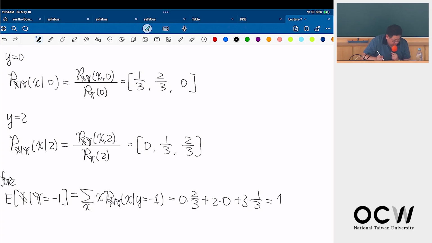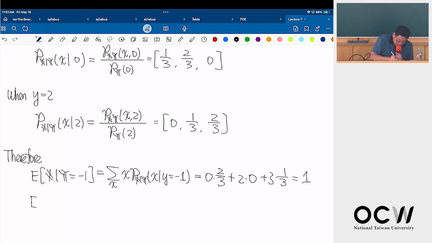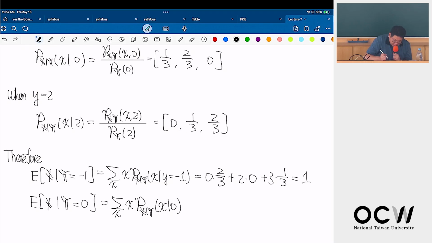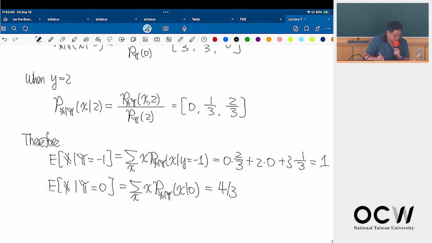You get 1. When Y is equal to 0, consider all possible outcomes times their corresponding weightings, the conditional PMF of X given Y equals 0. Then you get 4/3. And for Y equals 2, the conditional expectation is 8/3.